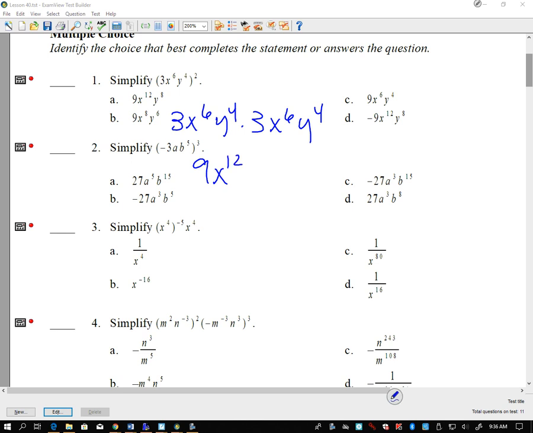Because 6 plus 6 isn't 8. So I'm not adding that 6 and 2. I am multiplying. So what should I get for the y? It's y to the 4th squared. So even without looking down here, I should get y to the... look at the numbers.